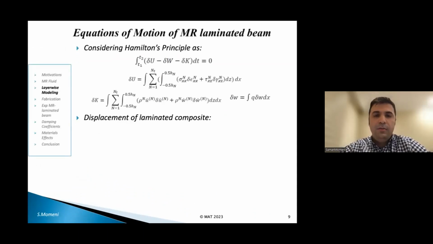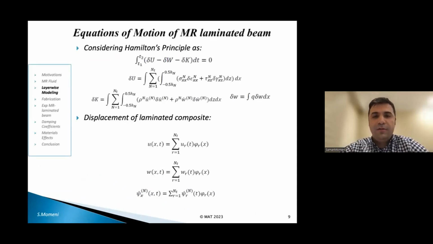And the equations of motion of the MR laminated beam, by considering Hamilton's principle, are defined by this formula. In this formula, delta U is the virtual strain energy, delta W is the virtual work, and delta K is the virtual kinetic energy.